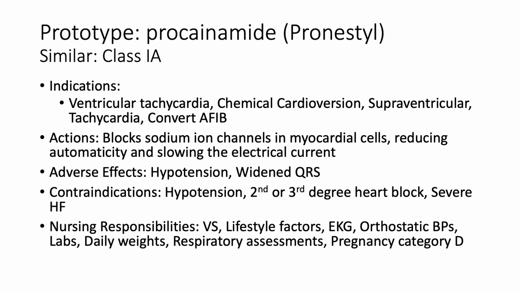So procainamide is a very useful antiarrhythmic, and that's really all that we use it for. Unlike other drugs that we've spoken about, such as beta blockers and calcium channel blockers, which we use for an assortment of conditions, this particular group, which has procainamide as the prototype, is really just for arrhythmias.